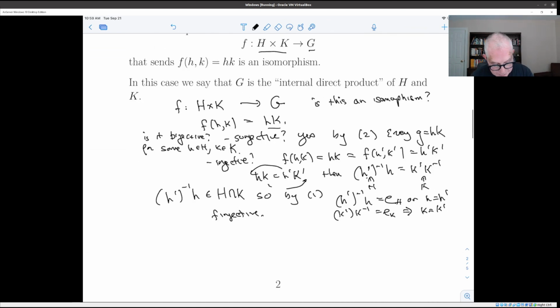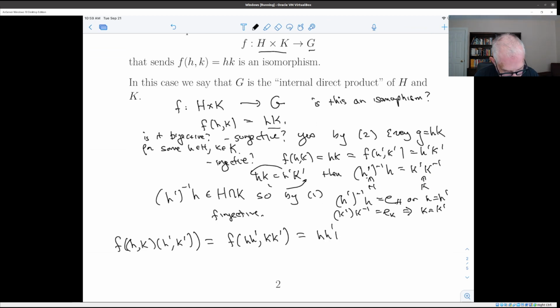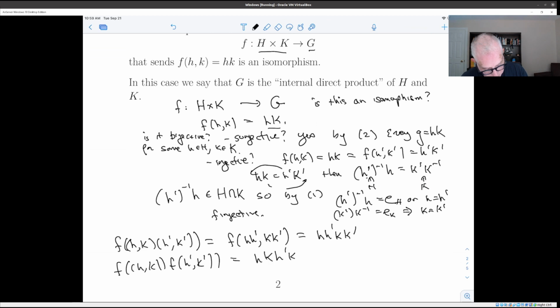Here we use the fact that the intersection of the two groups is 1, and now we need to use the fact that they commute, and for that we need to check that F of (h,k)(h',k'), which is F of (hh', kk'), which is hh'kk'. On the other hand, F of (h,k) times F of (h',k') is hkh'k'.